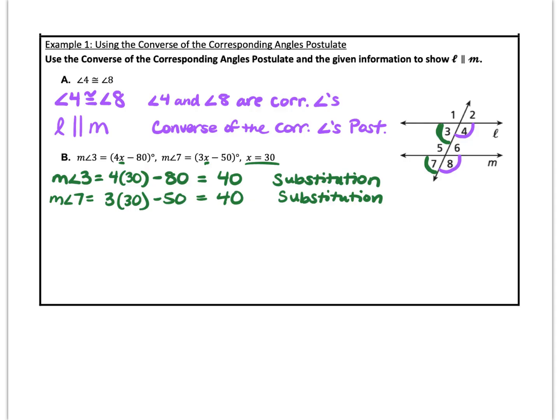You can see right here that we have angle 3 equals 40 degrees and angle 7 equals 40 degrees. So we would be able to say that since two things are equal to 40, they have to be equal to each other. On my next line then, I'm going to state the measure of angle 3 equals the measure of angle 7. And for that, we could use the transitive property.